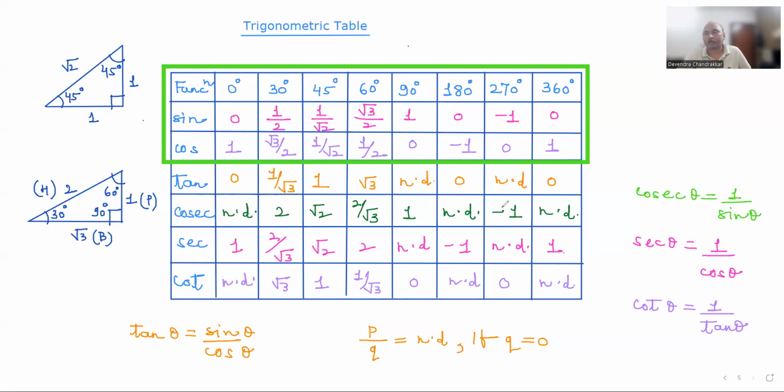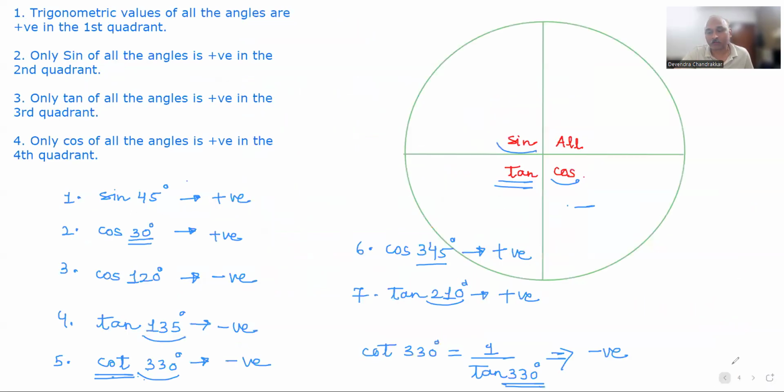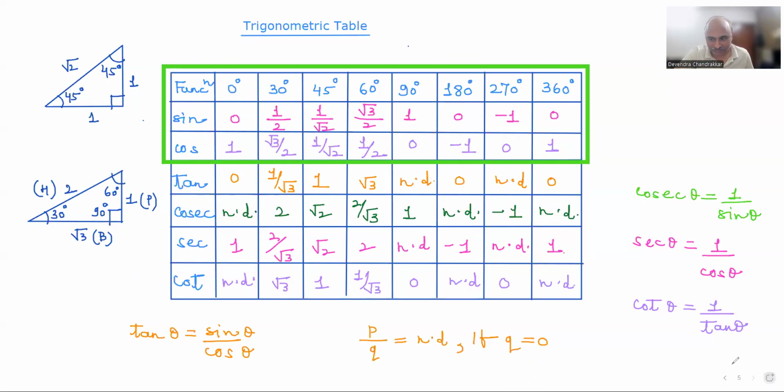Very good. So now comes the most interesting part of this chapter, today's session, right? None of you are aware about it. So even if you are in 10th standard, I don't think you are aware about it. So let's see what is that.